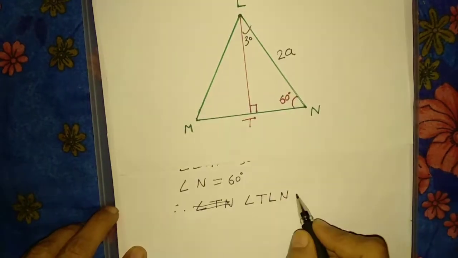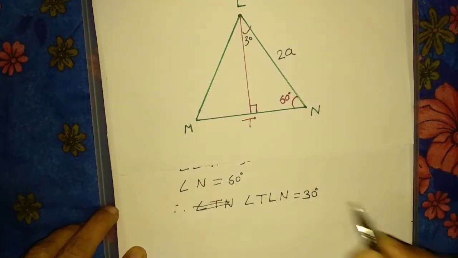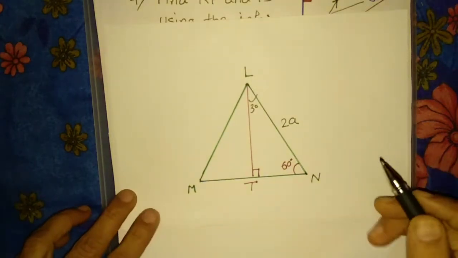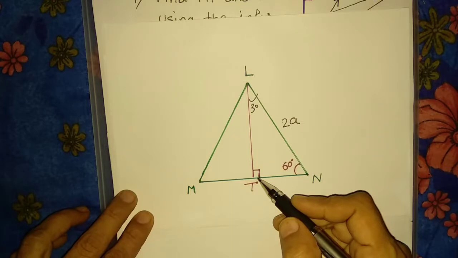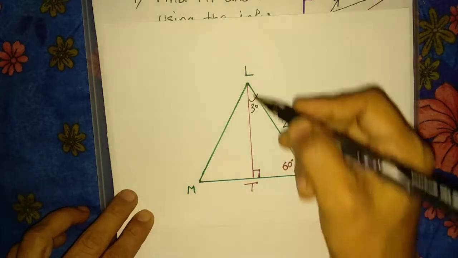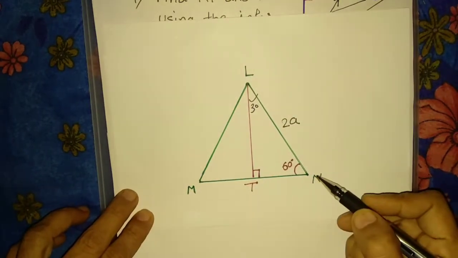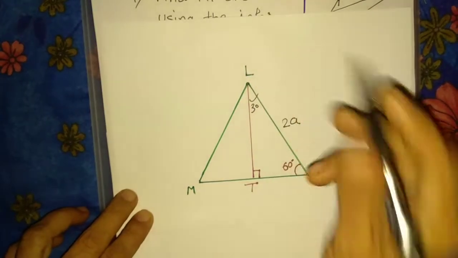We will use property of 30, 60, 90 degree triangle to find out LT, which is height of equilateral triangle LMN.